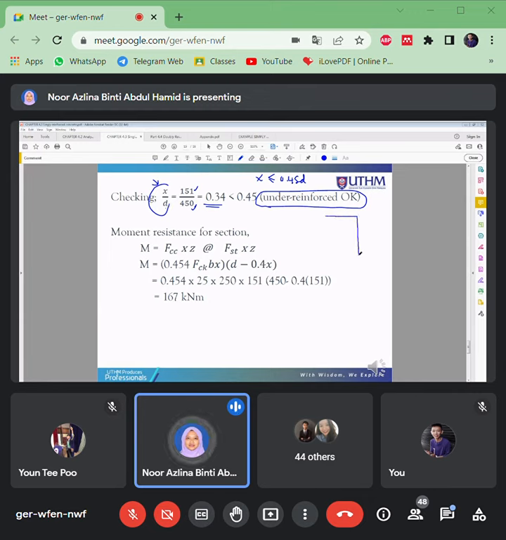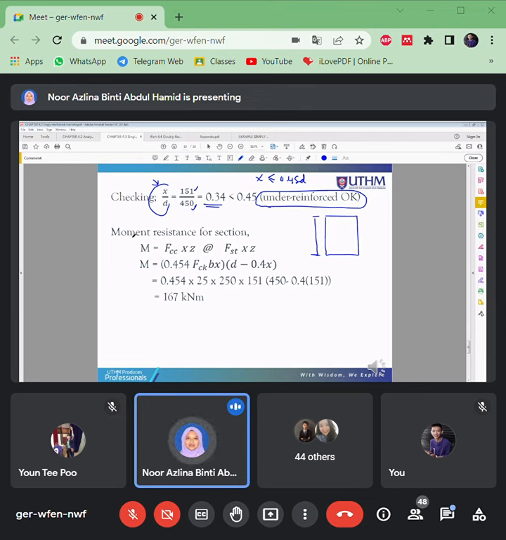So once you do the checking and it gives you more than the limits, you need to change the size, maybe enlarge the size, then calculate back to see whether the new size is okay. If you get under reinforced, that means you have to follow that correct size to proceed for the design.